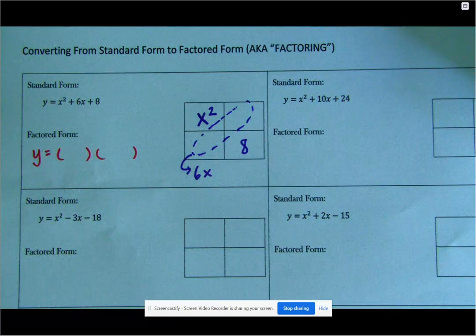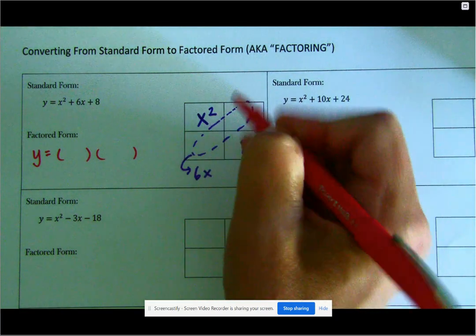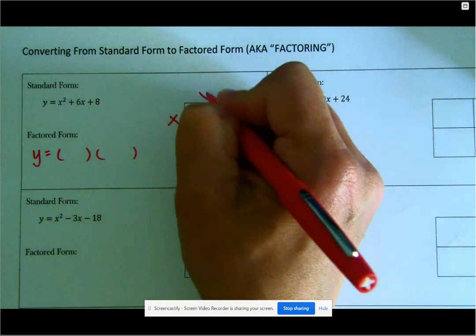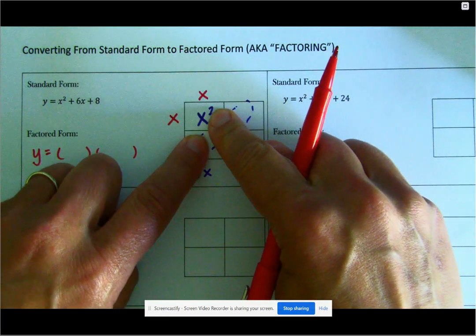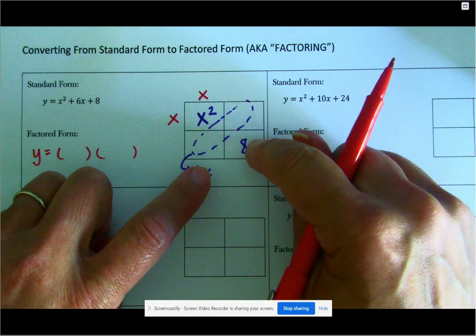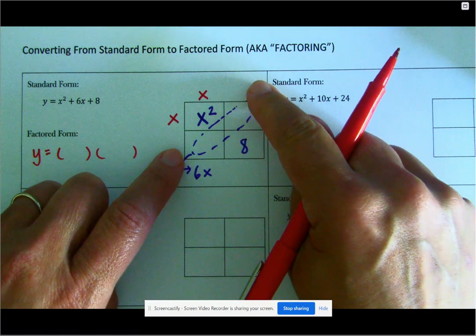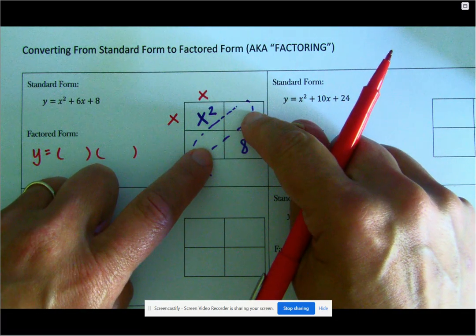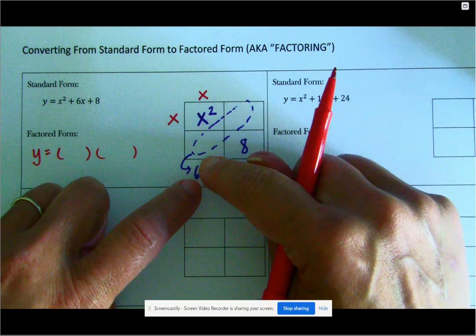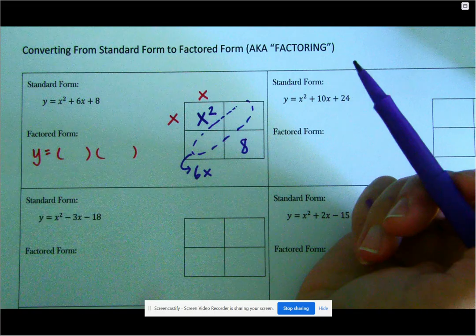So this is where a little puzzle comes in, because we know if we were to unmultiply it or factor it, that x times x makes x squared. And then here, we need to think of two numbers that multiply to 8. And you might be thinking that's easy. But we also need those two numbers when they go inside here with the x to combine up and add up to 6x.